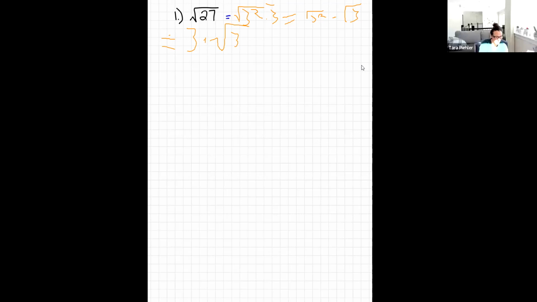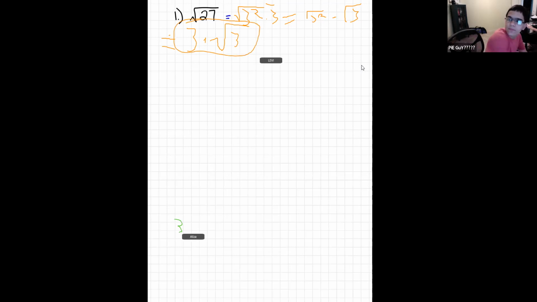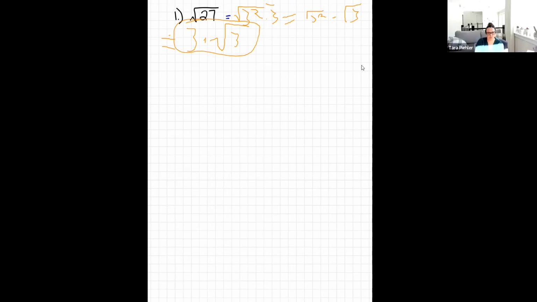That's right. So basically, what this whole exercise is about is pulling out as many numbers from under the radical sign as you can, right? It's almost like a type of reducing for radical signs. So if you want to just factor 9 times 3, equals 27.